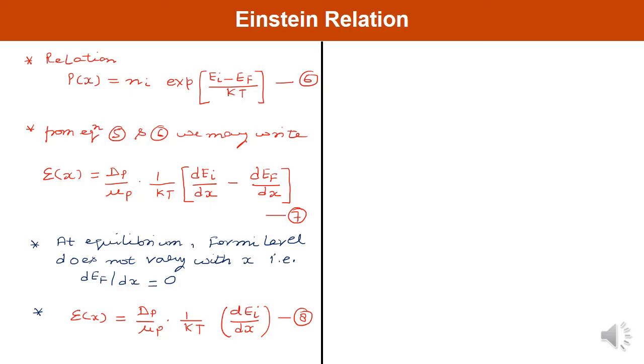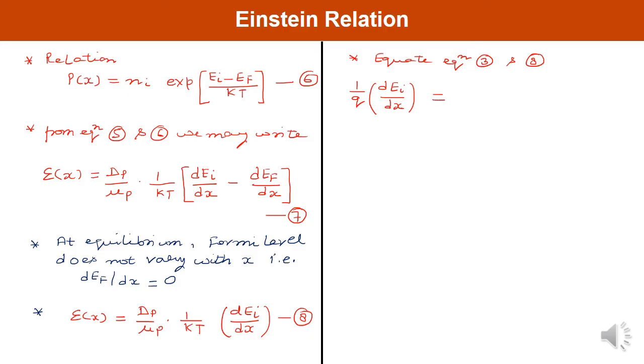Now you can see that both equation number 3 and 8 represent the same term. So we can equate equation 3 and 8, and now we can write: this term is 1 upon q dE_i upon dx.